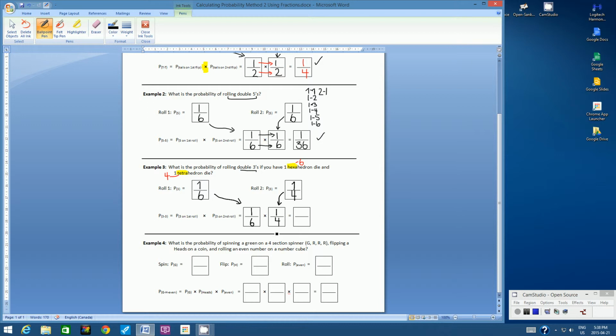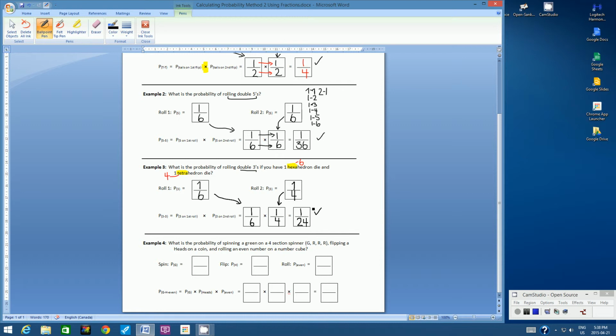Could you multiply those two fractions out? I'll give you a 5-second head start. Hopefully you got an answer of 1/24. Then ask yourself, is this in its lowest form? Yes, it is, because the numerator is 1.